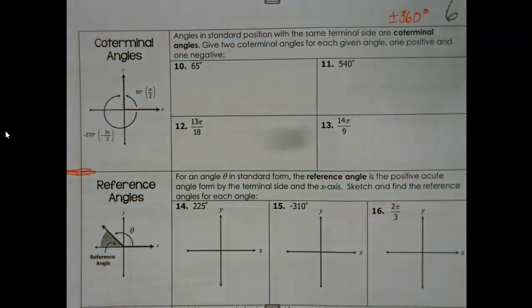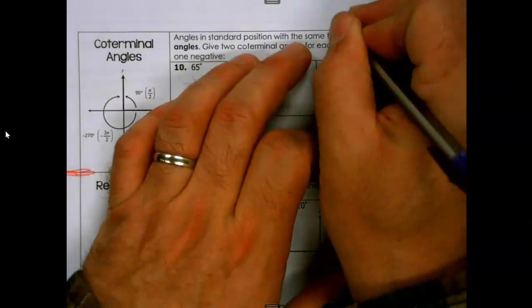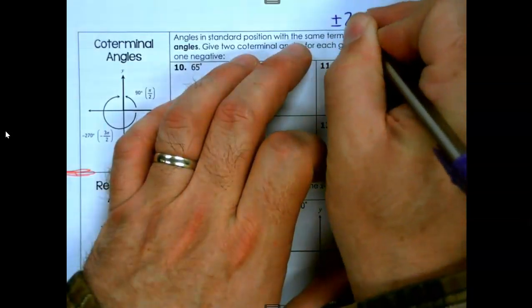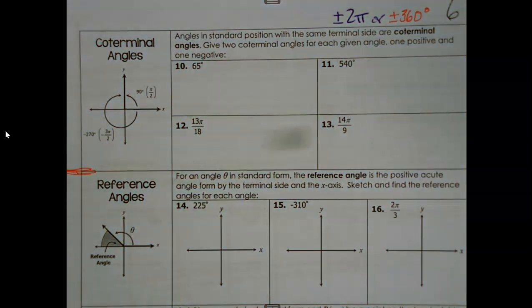We're doing a full circle, a full rotation. Or if we're in radian speak, we're doing plus or minus. Coterminal means full circle. It means if I started somewhere with an angle and I did a full circle and ended up back at the same place, what would the degree measure end up being there?